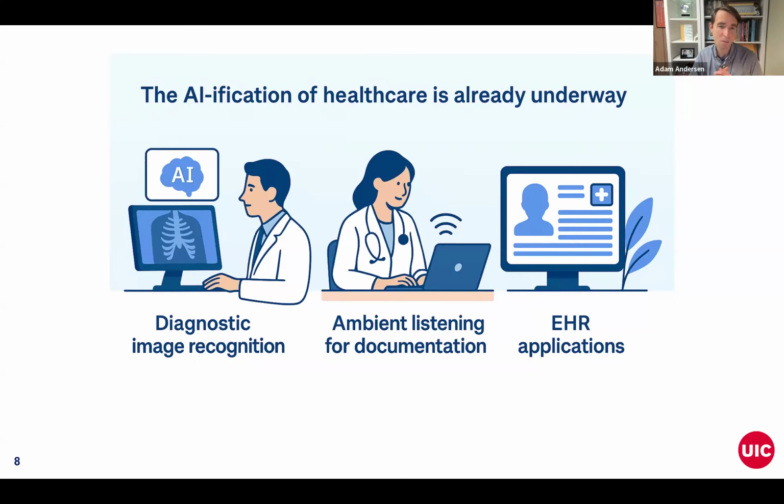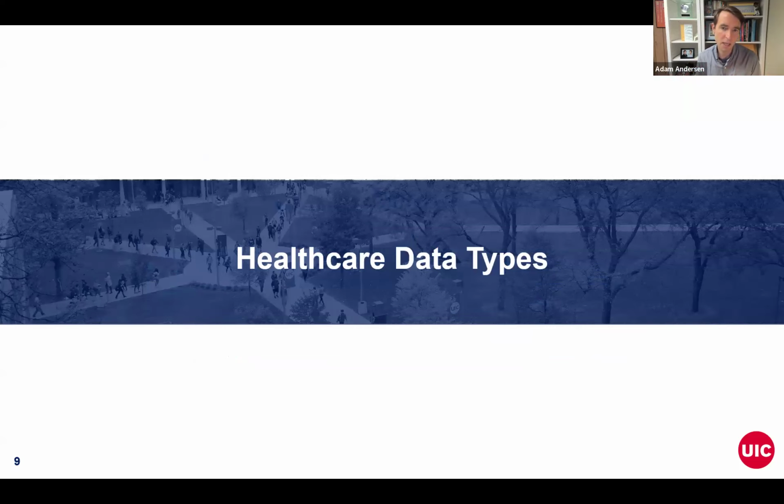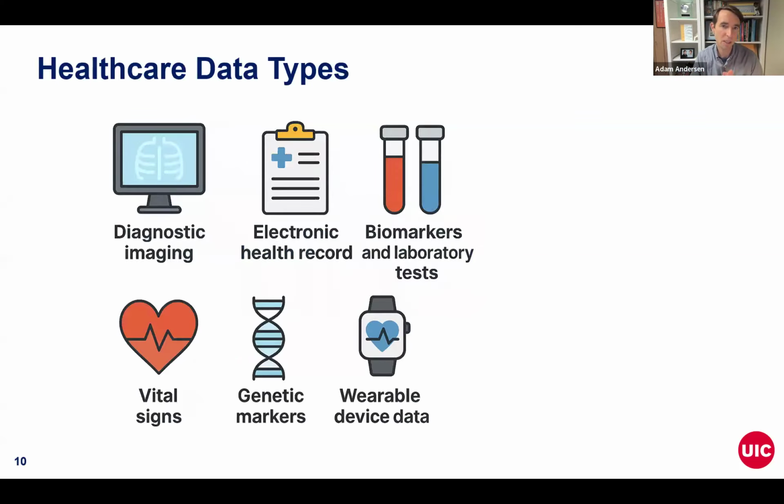All right. Now, the next thing I want to talk about is all of these different data types that are available in healthcare that help train AI models. So there are many different healthcare data types. We talked about diagnostic imaging is one. There's a lot of data in the electronic health record that we talked about. There's biomarkers and laboratory tests.